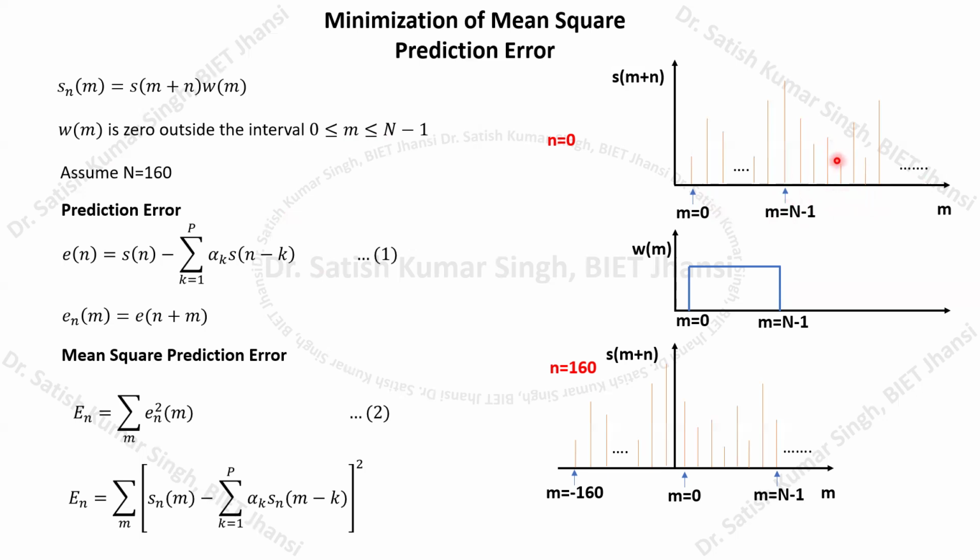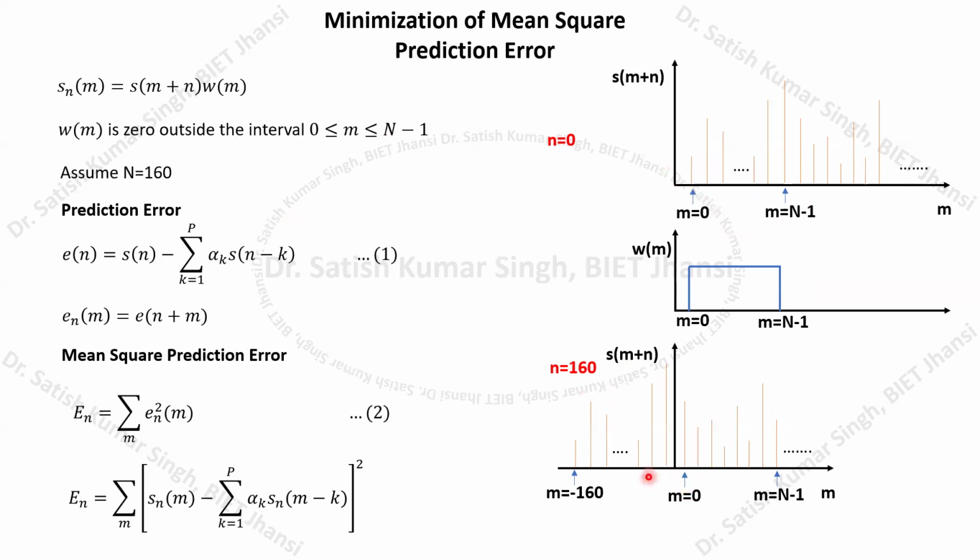So if you wish to consider the second frame, this n value will be equal to 160, because we have to start the frame at sample number 160. If you do that, the signal s(m) will be left shifted. Once it is left shifted, the 160th sample will be shifted to m equals 0, as I have marked here.